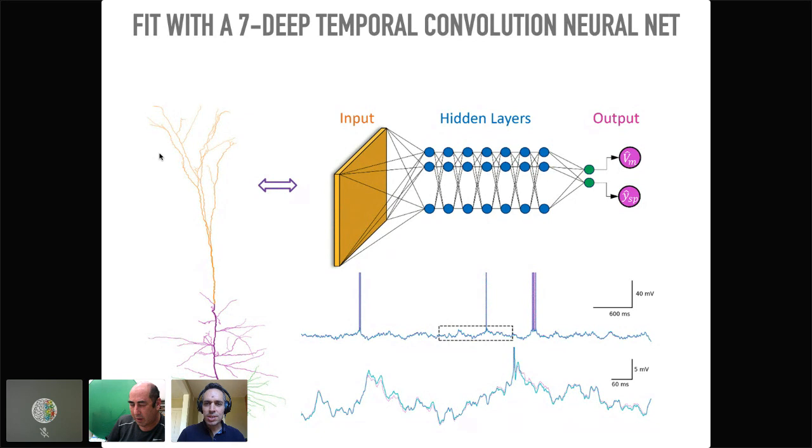A question, probably from Scott: how much efficiency is added by using this deep neural network rather than simply simulating the multi-compartmental model? It's difficult to compare because one is using GPUs and the other isn't, but we have a factor of about 2,000 faster simulating the neuron using a deep neural network. Speeding up the Blue Brain simulation 2,000 times would be really significant.